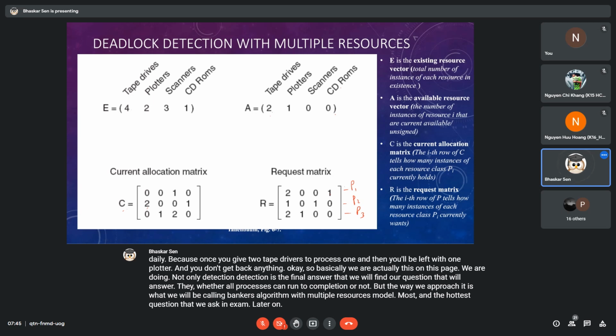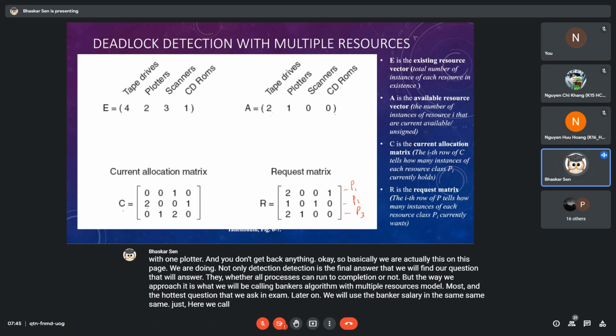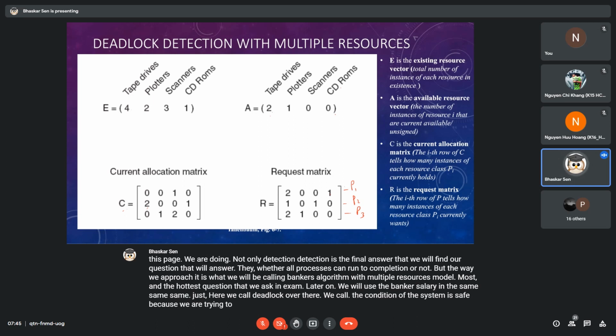Later on, we will use the same banker's algorithm. Just here we call it deadlock, over there we call the condition of the system safe, because we are trying to predict, we're trying to keep it safe.